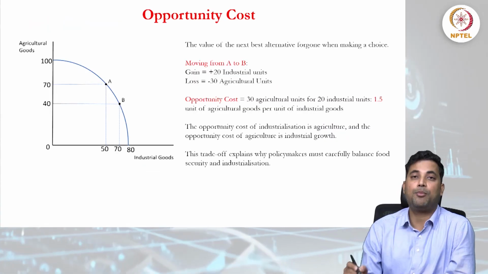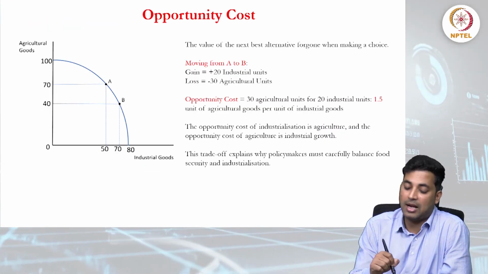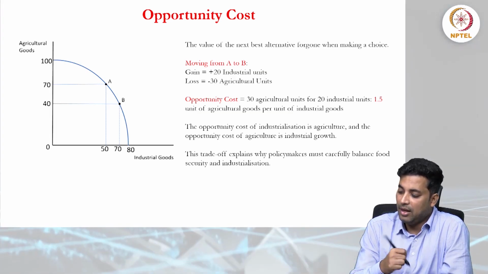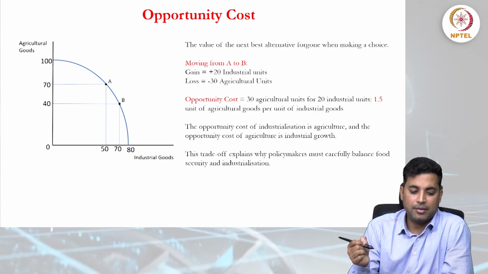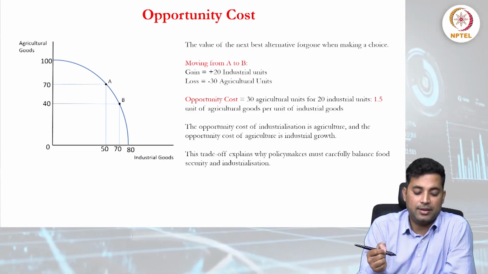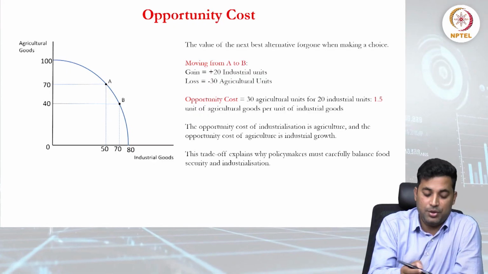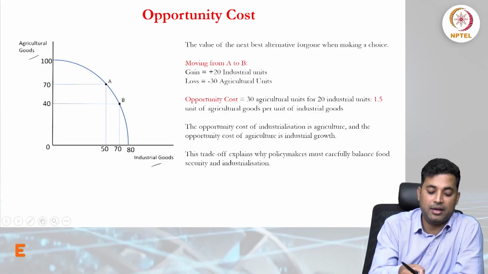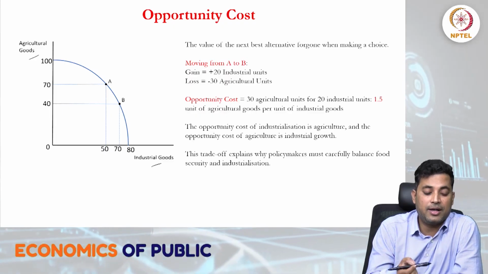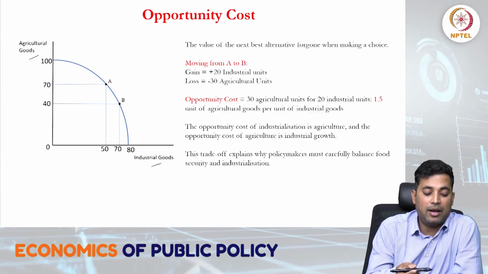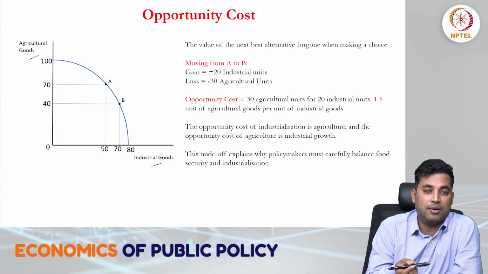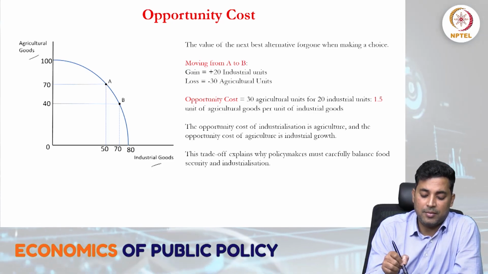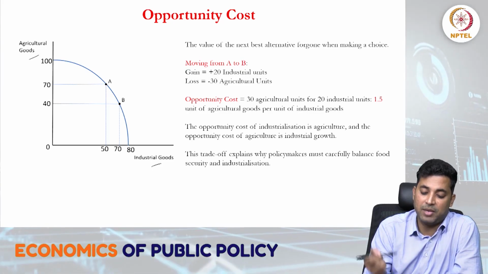So now, in terms of opportunity cost, as I said, I'll spend more time on the opportunity cost. Take the example of this graph where I have used agricultural goods and industrial goods. On the vertical axis, units of the agricultural goods are measured, and on the horizontal axis, units of industrial goods are measured.